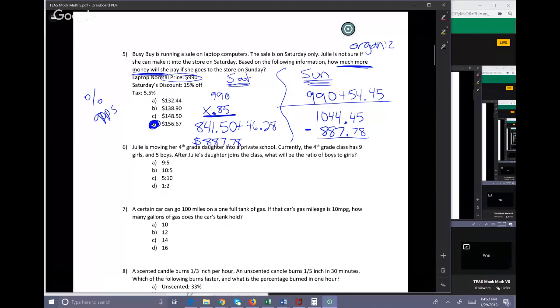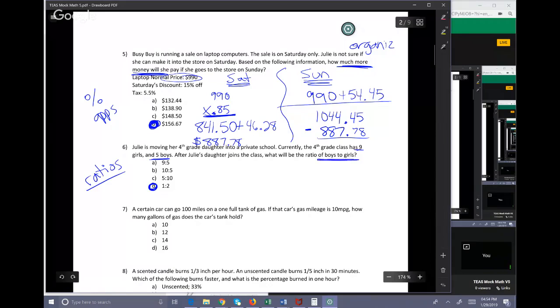Number 6 is a very simple ratios question. I'm not going to do any of the work there because this will get long if I keep doing this. It will come out to D. The two reasons it comes out to that is you have to change something from the original set of numbers to the set that you use. So you have to add a student of particular gender to the class.